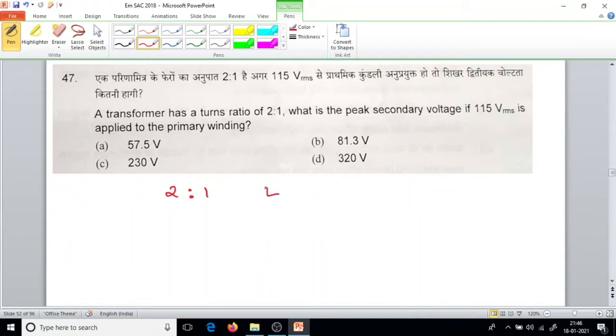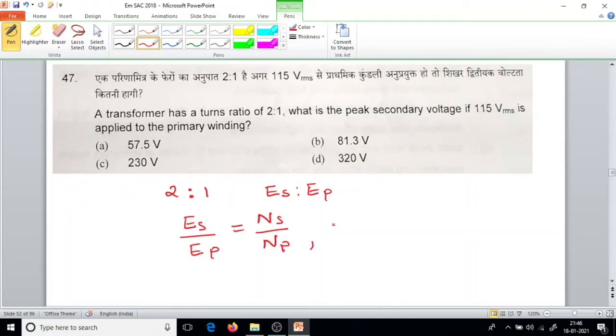That is secondary voltage is to primary voltage. And there is a relation between the voltage and the number of turns, that is ES divided by EP equals NS upon NP.